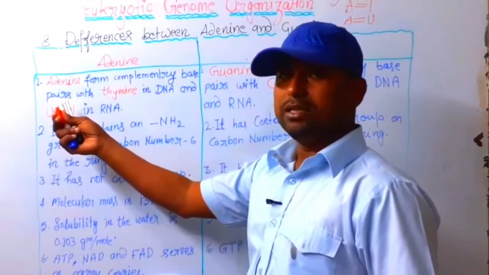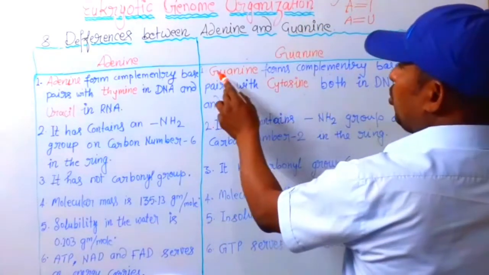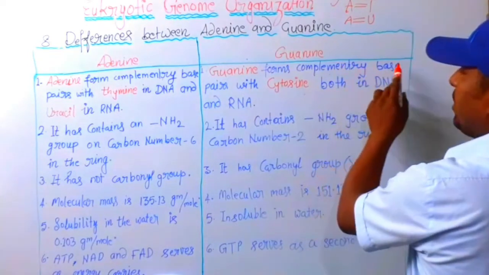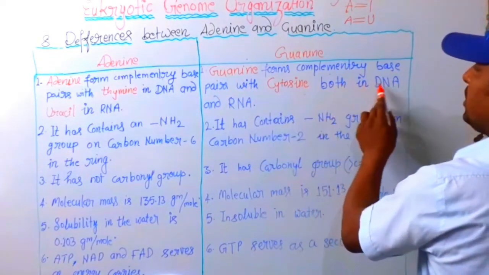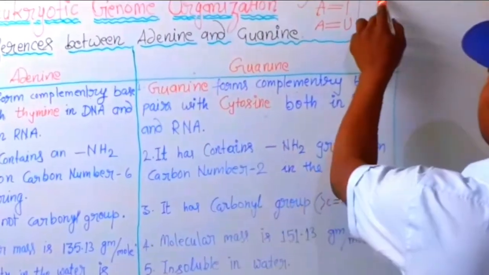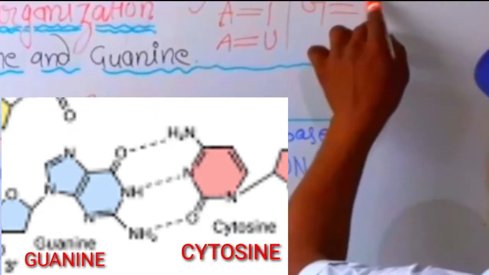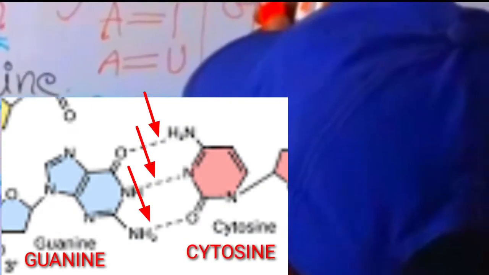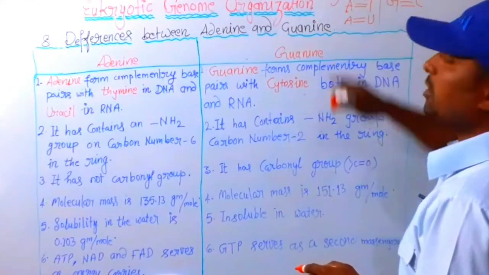Guanine forms a complementary base pair with cytosine both in DNA and RNA.